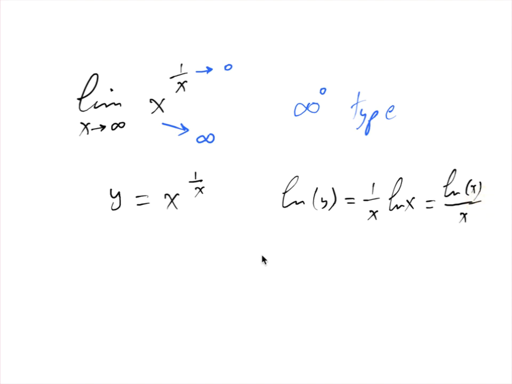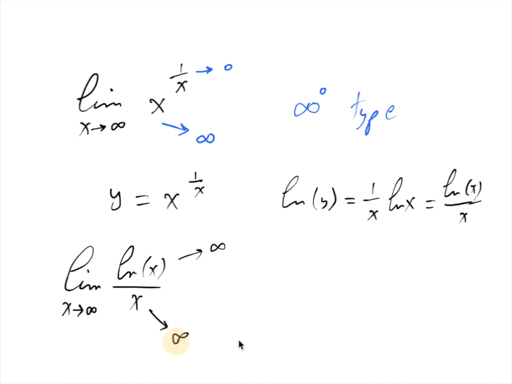Okay, so now we consider this new limit, ln of x over x, as x tends to infinity. Now ln of x goes to infinity as x goes to infinity, and x goes to infinity as x goes to infinity. So L'Hopital's rule applies because it's infinity over infinity.